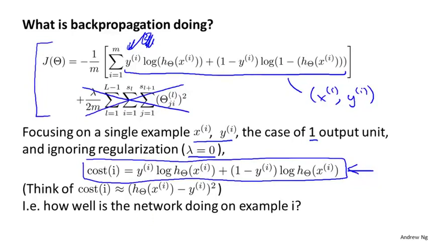So rather than looking at this complicated expression, if you want, you can think of cost of i being approximately the squared difference between what the neural network outputs versus the actual value. Just as in logistic regression, we actually prefer to use the slightly more complicated cost function using the log, but for the purpose of intuition, feel free to think of the cost function as being the sort of squared error cost function. And so this cost of i measures how well the network is doing on correctly predicting example i. How close is the output to the actual observed label yi.